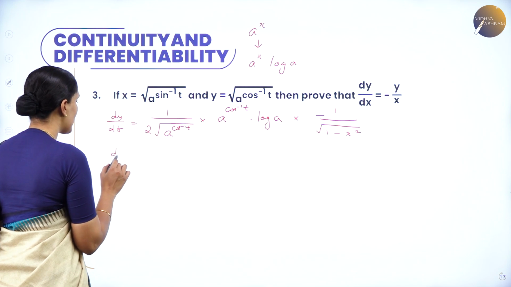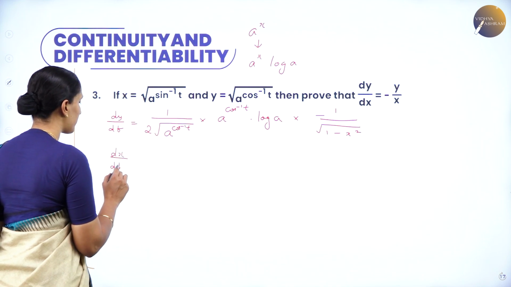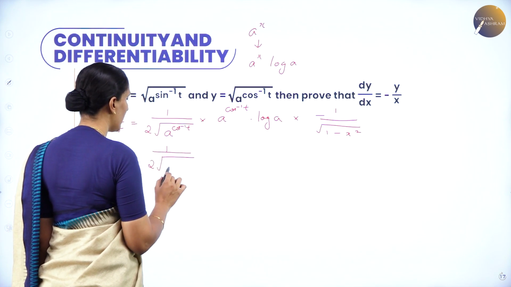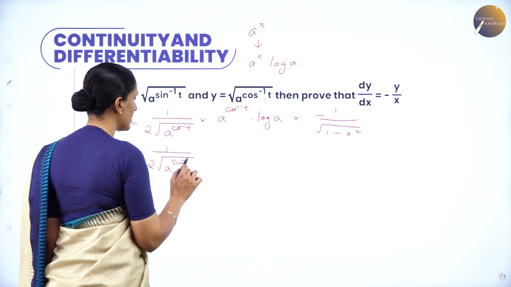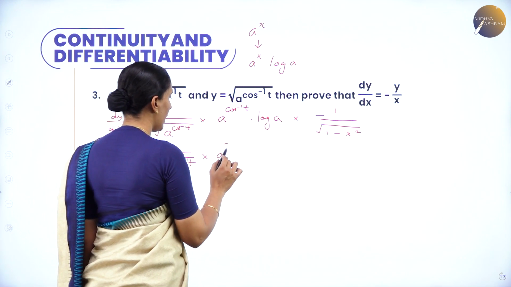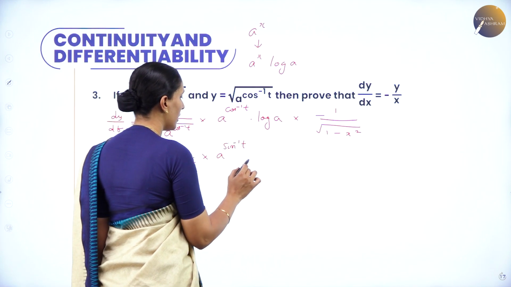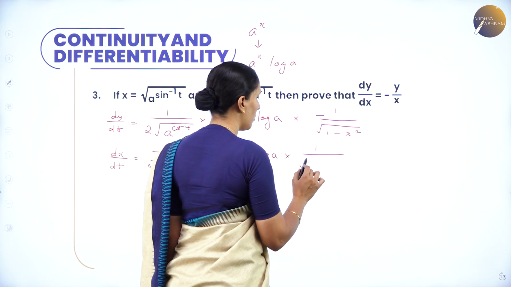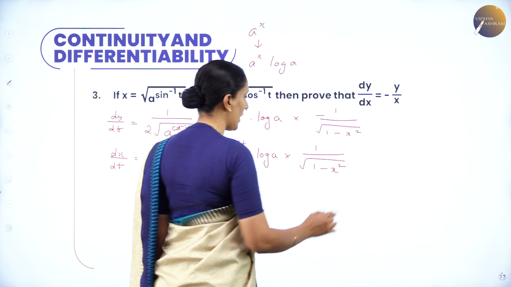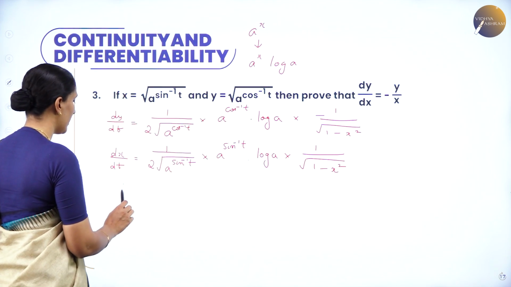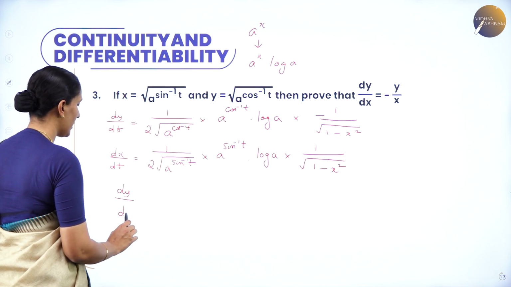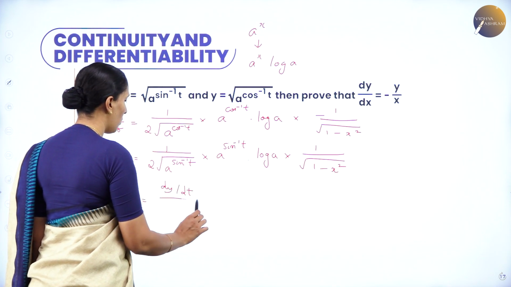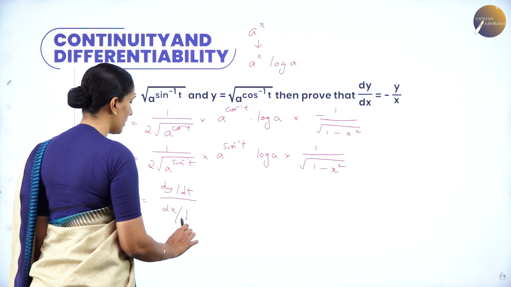Now let's take dx by dt. So again this is 1 by 2 root a sin inverse t into a sin inverse t into log a into 1 divided by root of 1 minus x square. So if I take dy by dx, this is dy by dt whole divided by dx by dt.